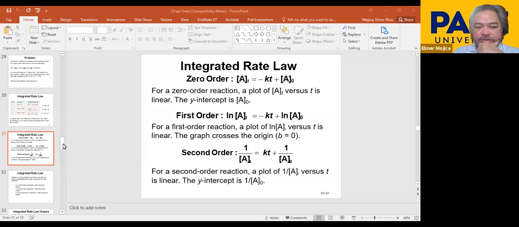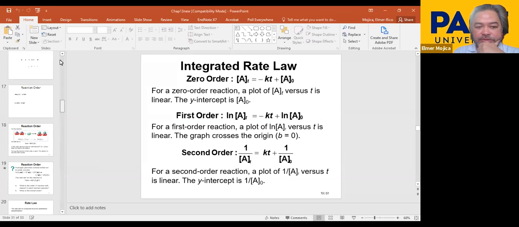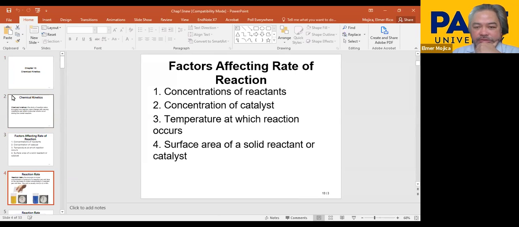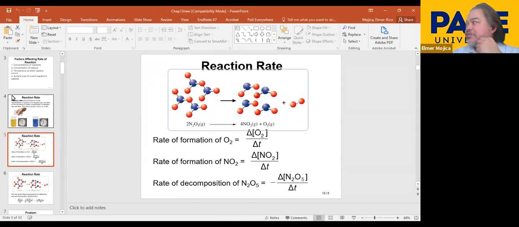Okay. So if we go over the slides that we have here, we discussed the reaction rate, which is just the change in the concentration over the change in time. If you write the reaction rate with respect to the reactant, you should always put a negative sign.